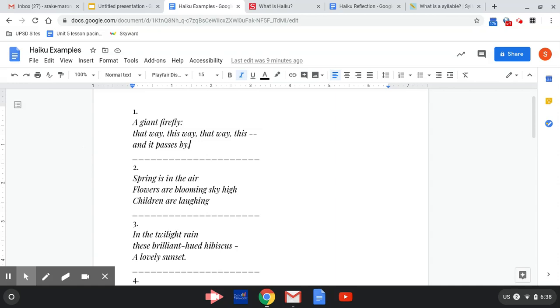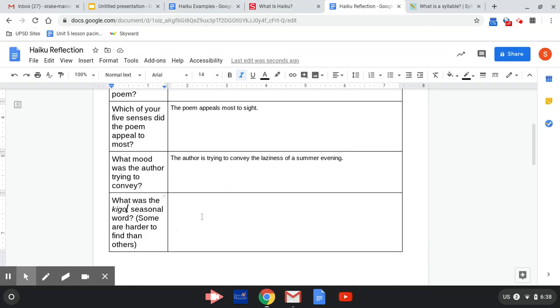So this could either be about spring or summer, but fireflies really make me think about summer. So I'm going to say fireflies show that the season is either spring or summer.